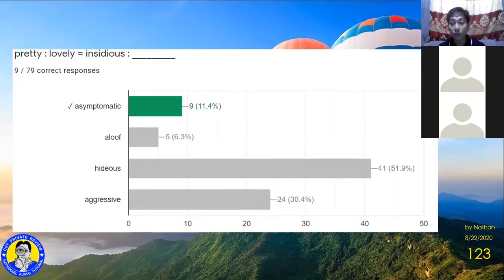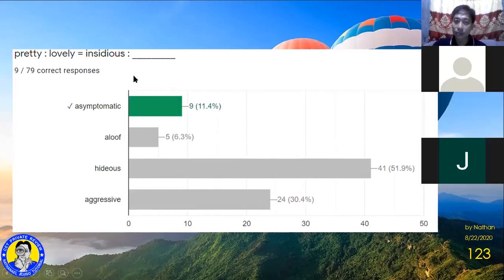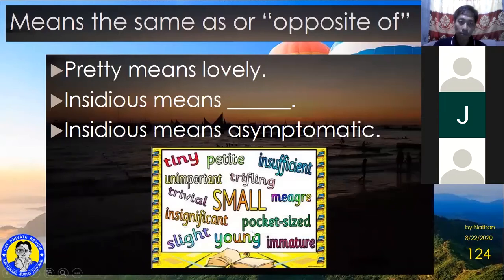And also aloof. Probably they just, you know, chamba chamba. But again, asymptomatic is the best answer. You might argue hideous could be an answer as well, but insidious is always or most of the time used when it refers to a disease, insidious disease.